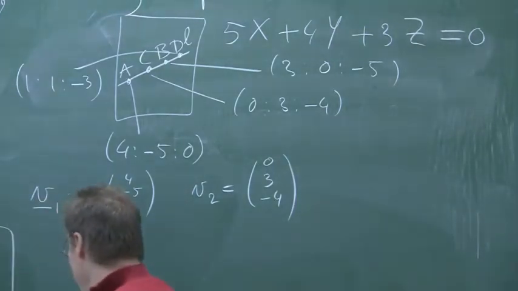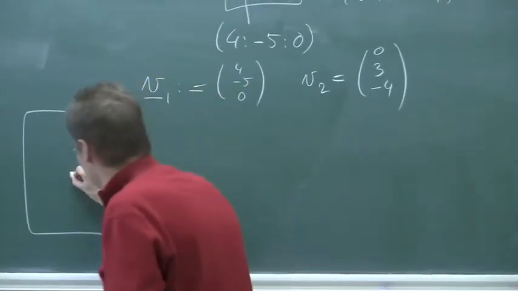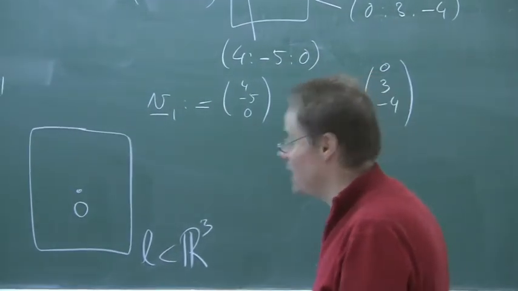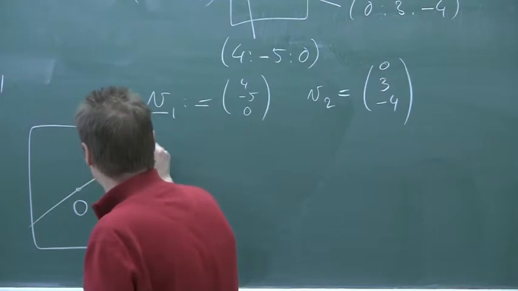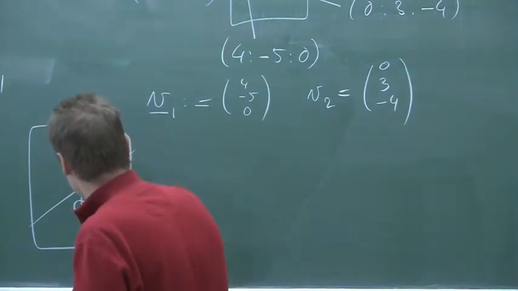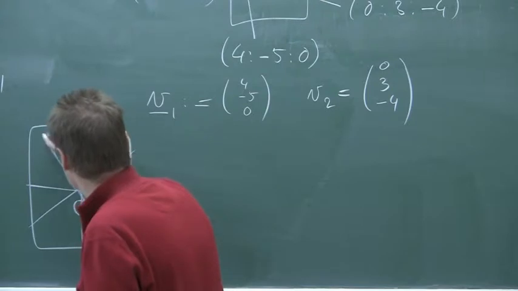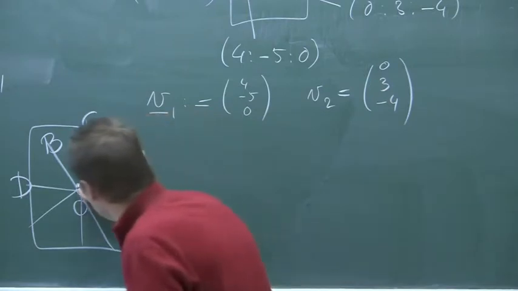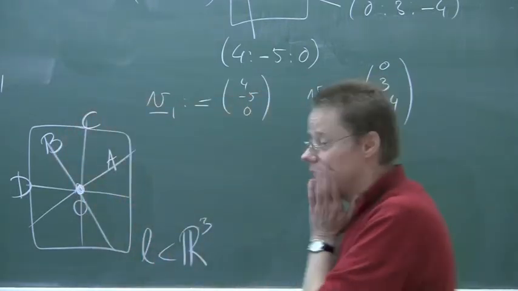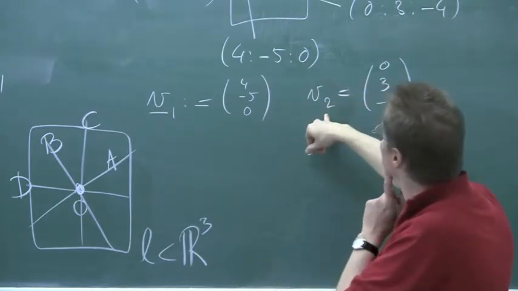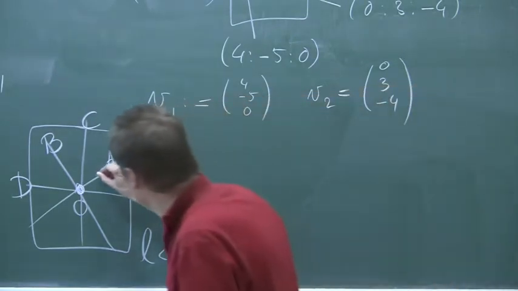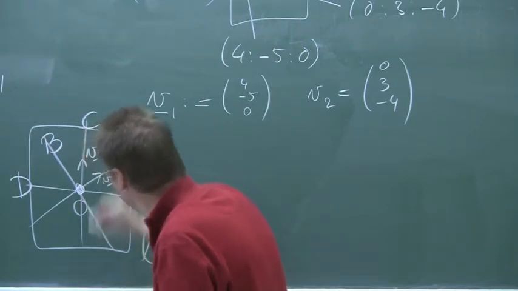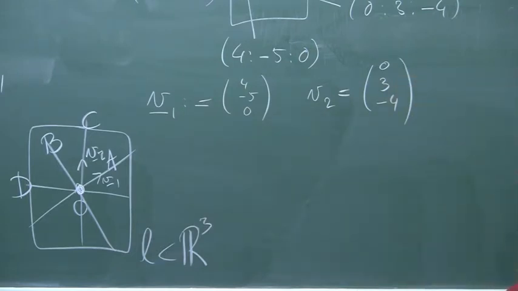L is a plane in R3 through the origin, and in this plane I have 4 lines, A, B, C, D. On the line A I've chosen a vector v1, and on line C I've chosen a vector v2. This is what I did.